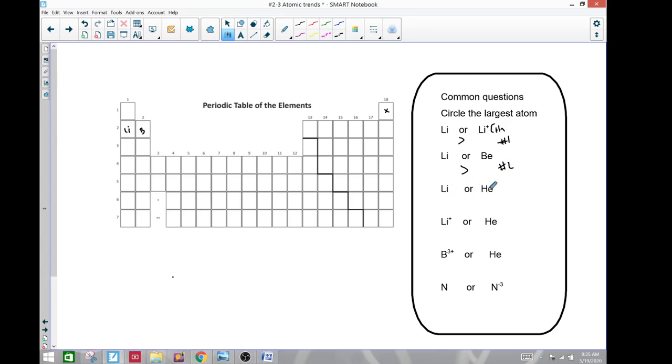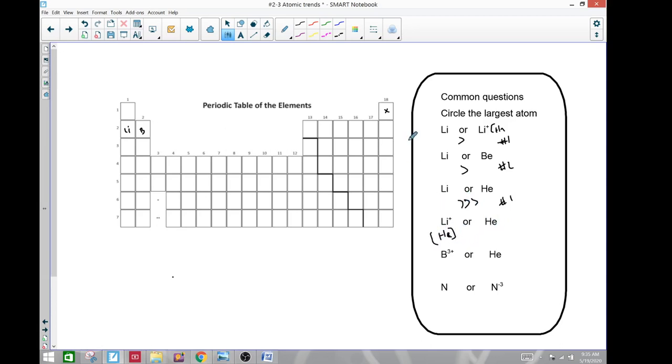And then lithium and helium, okay? This guy is considerably larger. Lithium, helium's here because of reason number 1, which is energy levels. A lot bigger. Lithium plus versus helium. Okay, so now lithium plus is like helium. Its electrons look like helium, isoelectric.